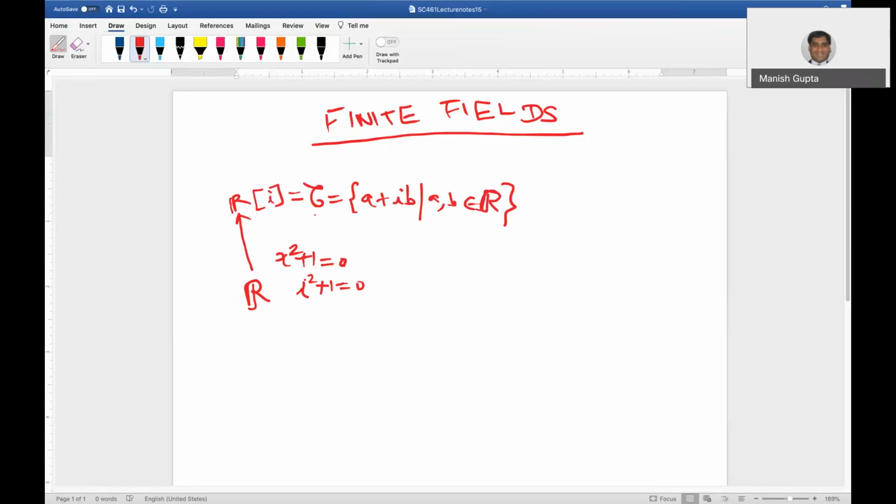This is the field of complex numbers from the field of real numbers, right? So in the same manner, we look at the binary field, right?